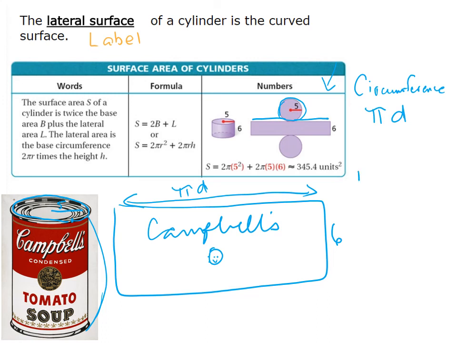then we're doing pi d, and we're also doing pi d times 6, because we want to multiply by the height. So a couple of different things in here. They haven't given you the diameter, they've given you the radius.